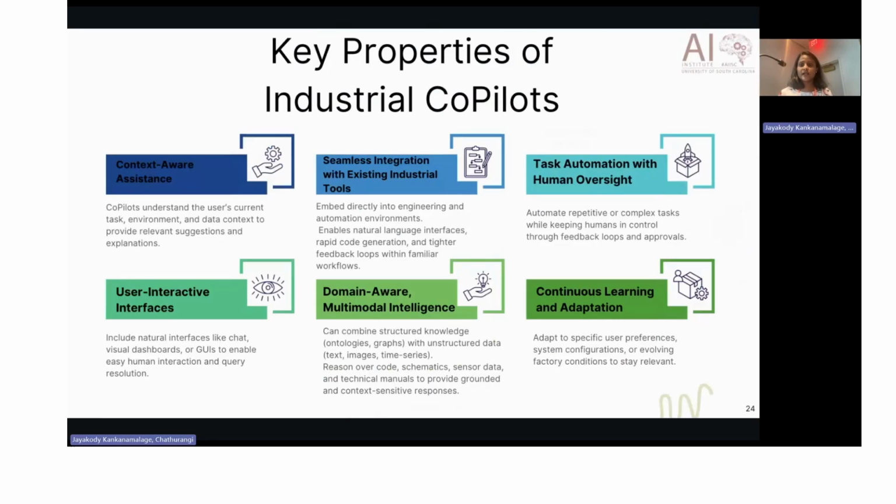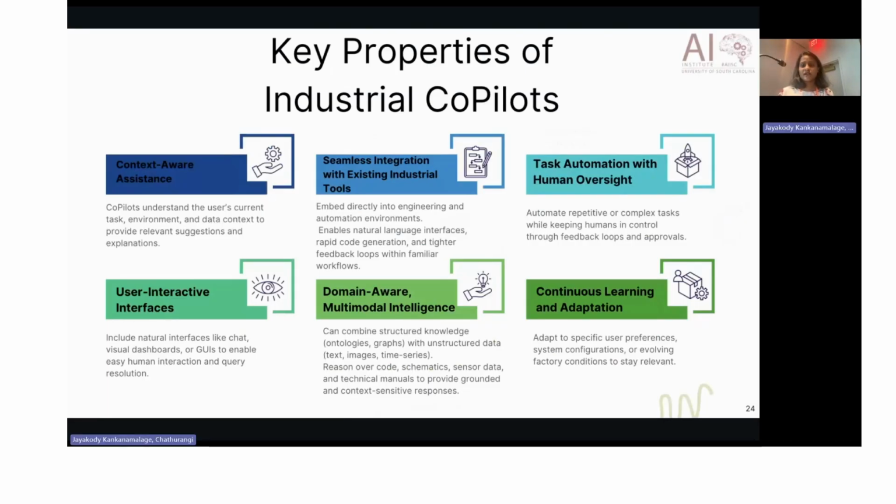This ensures that the support they provide is always relevant to the context and the environment in which the manufacturing operations are going on. Secondly, they come with user interactive interfaces, from chat-based tools to visual dashboards. These interactive interfaces allow the operators to ask questions, get explanations, and stay in the loop.